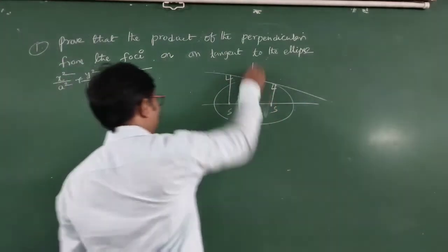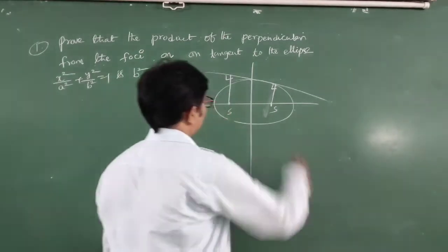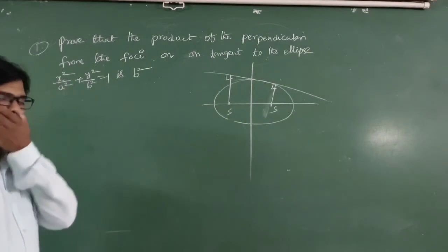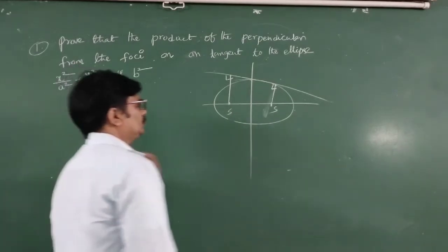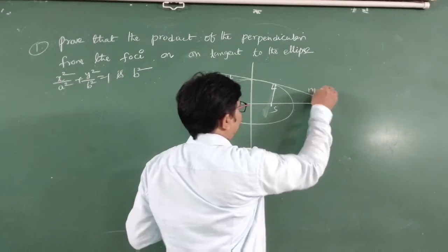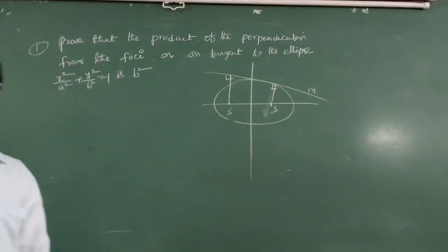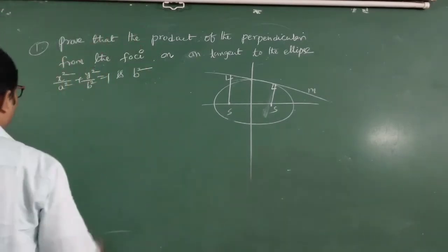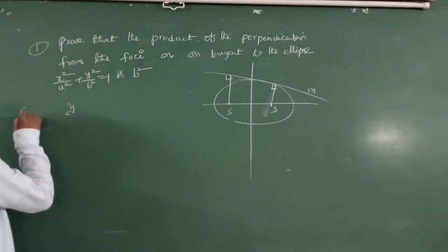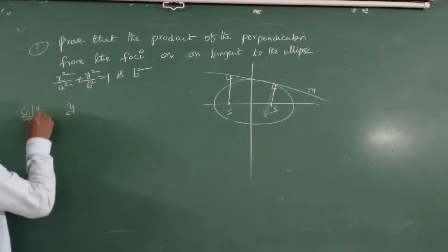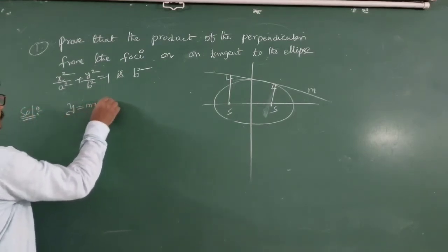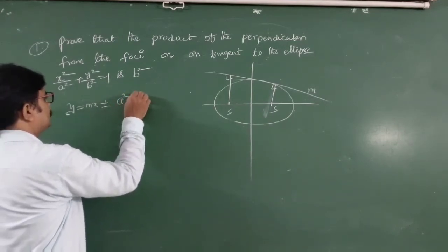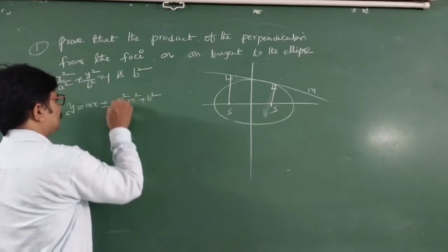Just observe, this is b, b into b must be b square. So dear students, the equation of the tangent having slope m to the ellipse is y equal to mx plus or minus the square root of a square m square plus b square.